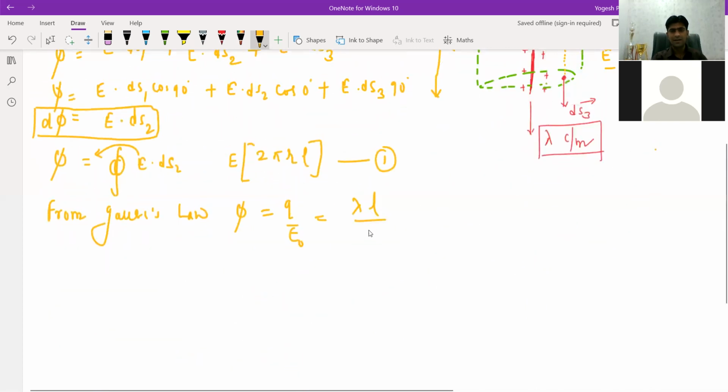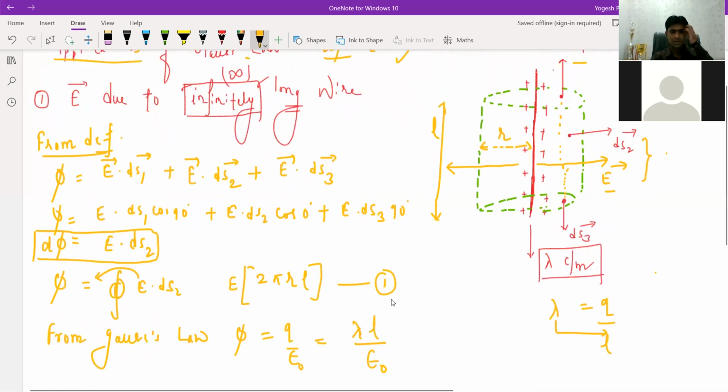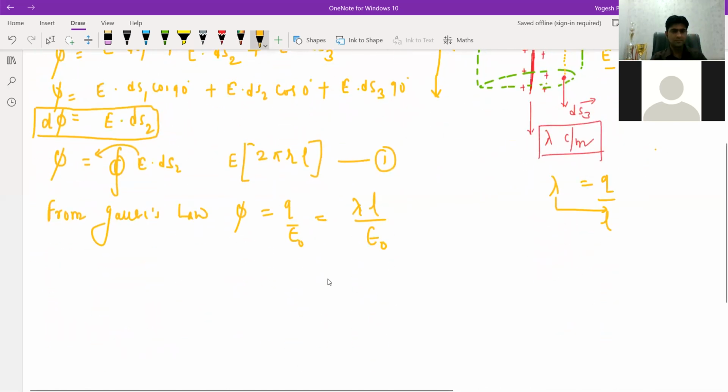Lambda can be written as Q upon L, since charge per unit length is the linear charge density. So you can write Q is equal to lambda L, and phi is lambda L upon epsilon naught. This is equation 2.